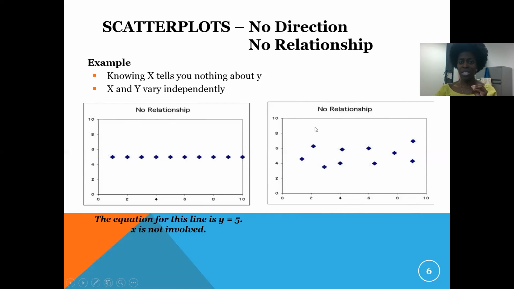This is similar in the second one as what we saw in the previous slide. As x increases, y just does whatever the heck it wants to do. Okay, so an example of no direction and no relationship is knowing that x tells you nothing at all about y. In both examples, x and y vary independently.